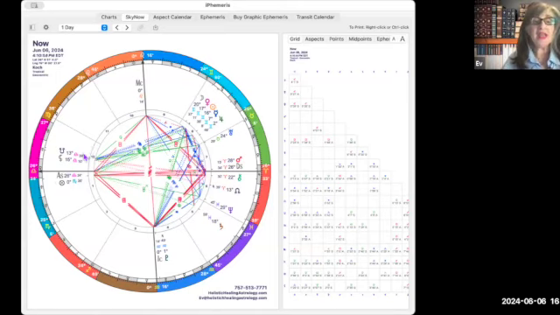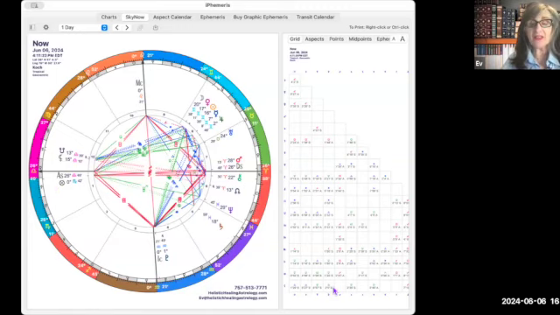But then you have the scattering of the planets and the signs. So I use the Koch house system, which is not a whole house system or equal house system where it would start at 0 on the ascendant. So the ascendant here is 26 degrees Libra, 39 minutes.